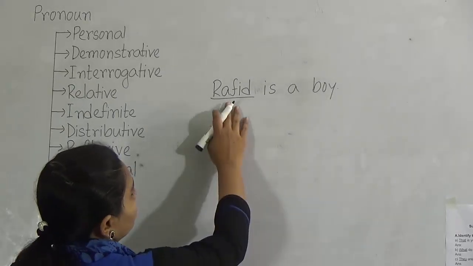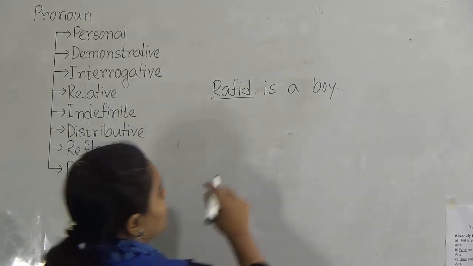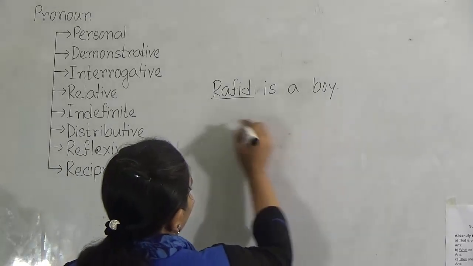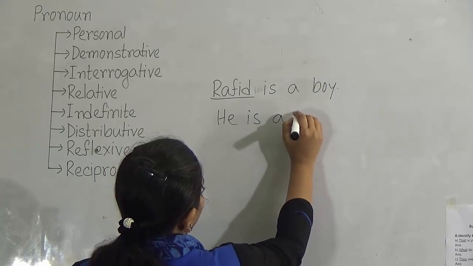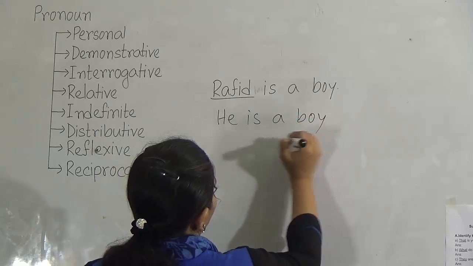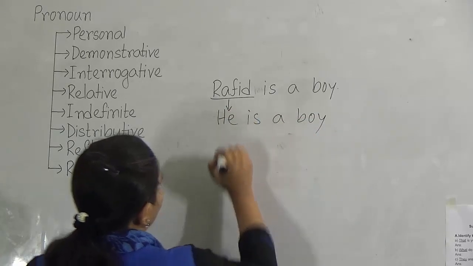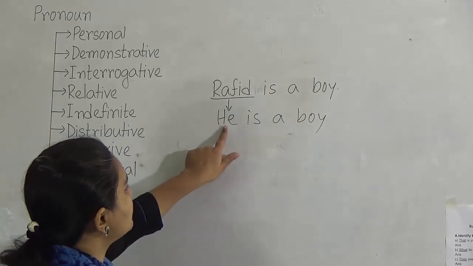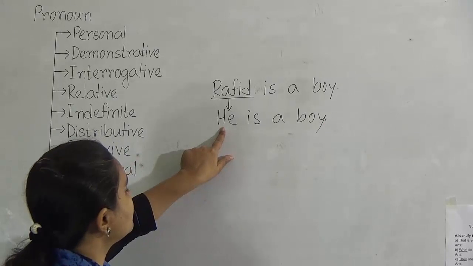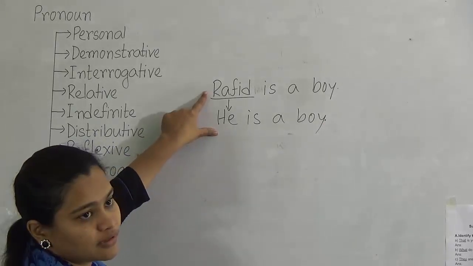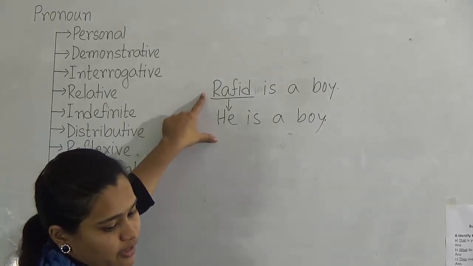Rafid is a person. Now we can write here, he is a boy. Now look, we can write here, he is a boy. So the word he is used here instead of Rafid, instead of this proper noun Rafid.